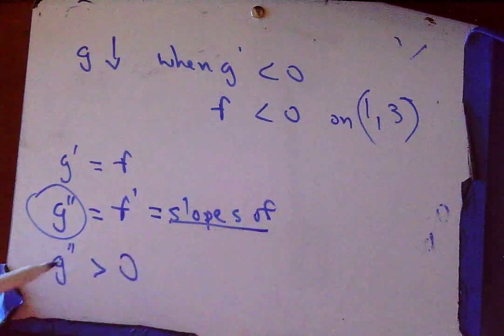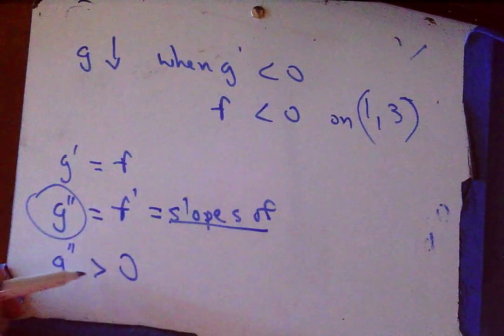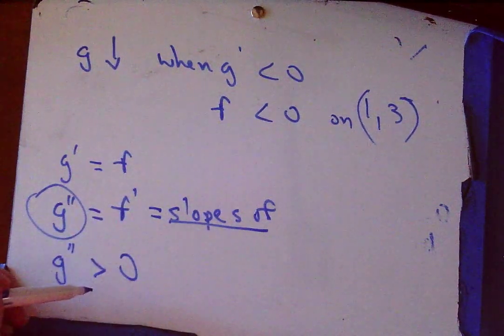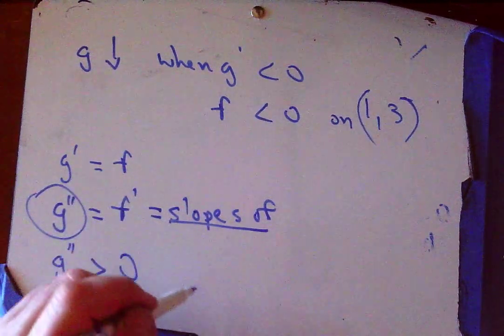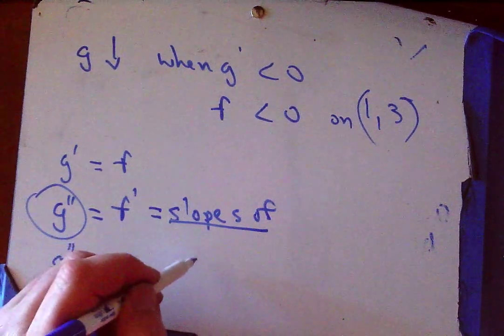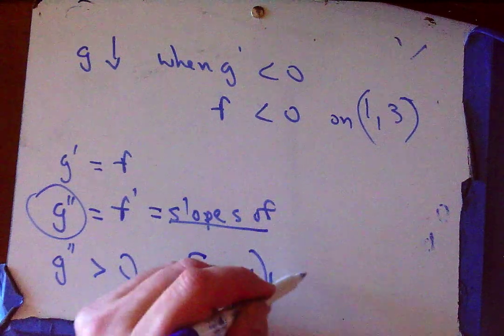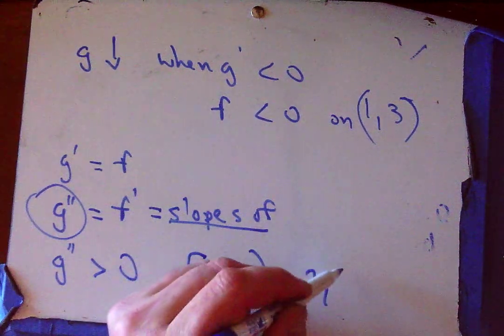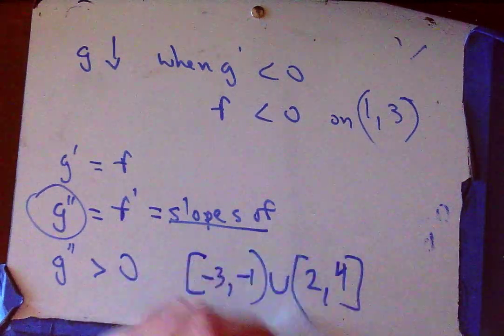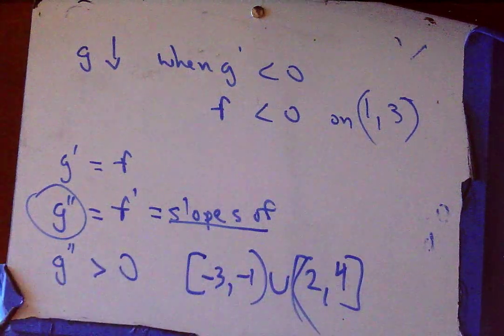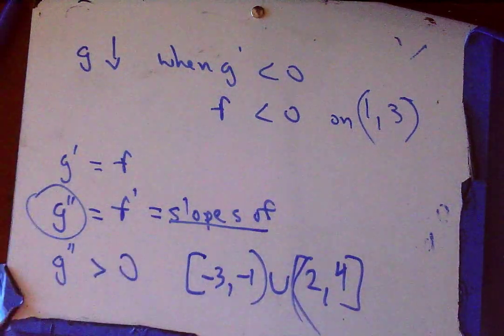I'm looking for the slopes of f being positive slopes. And I have positive slopes on f going from negative 3 to negative 1, union 2 to 4. And that's where g would be concave up.